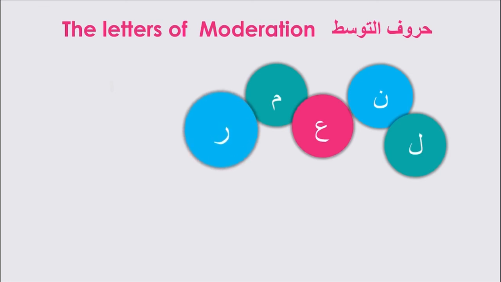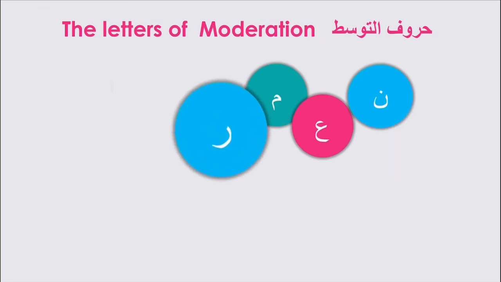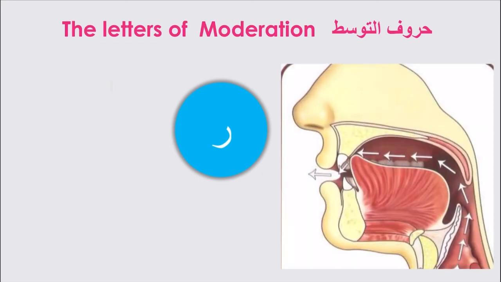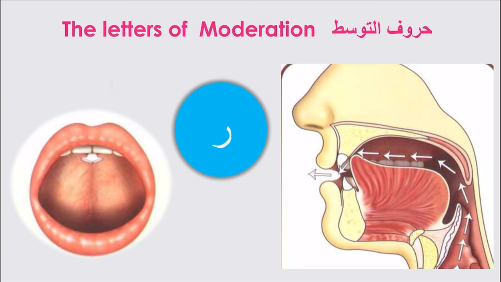The last one, and this is the hardest one as well, is the letter ra. And ra is exactly like lam, but with the mouth opened from the front part. Just try it. Just put a pen if you need help. Put anything to just make the small opening.